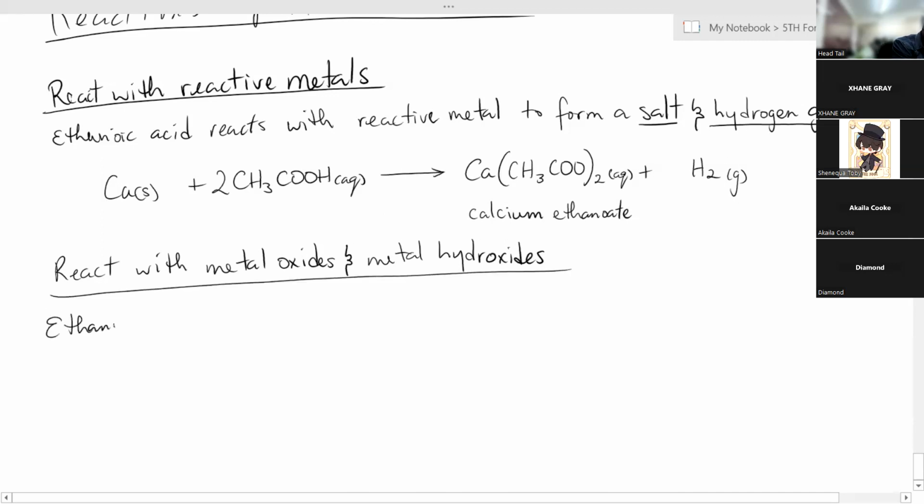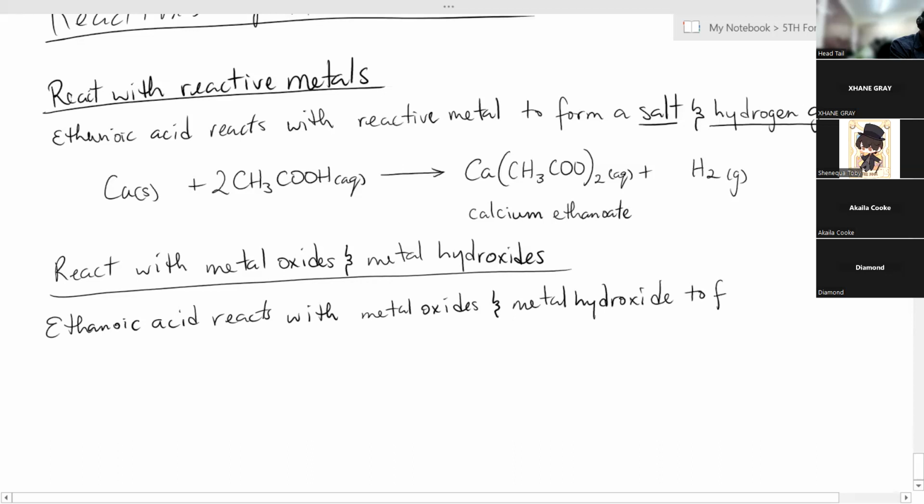Ethanoic acid reacts with metal oxides and metal hydroxides to form salt and water.